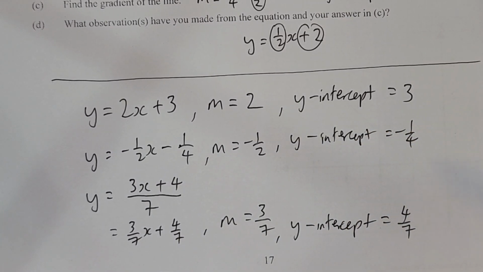You can prove this theory by using all the gradients that you have found in your previous homework, and verify them. After this, please proceed on to your exercise 6B2 on gradient intercept. Thank you.